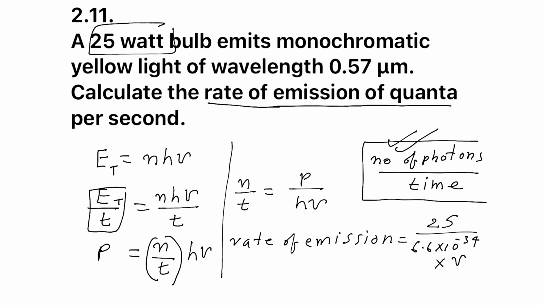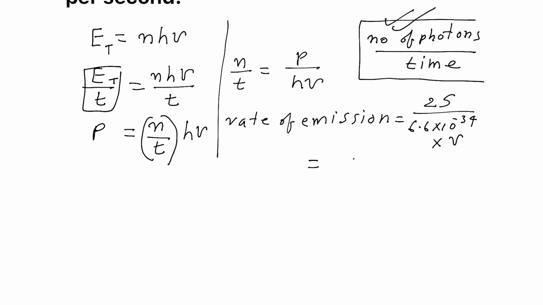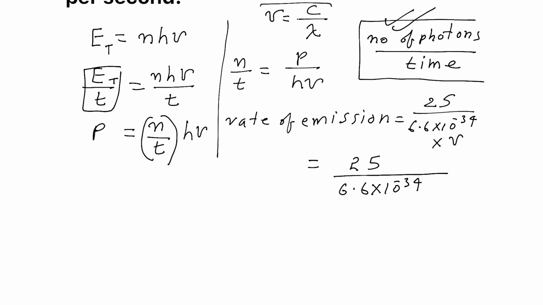Next step we can substitute: 25 by 6.6 into 10 raised to minus 34 into frequency. Frequency is c by lambda. Instead of frequency, I am going to write c by lambda. Denominator of the denominator becomes numerator, so lambda is going up.